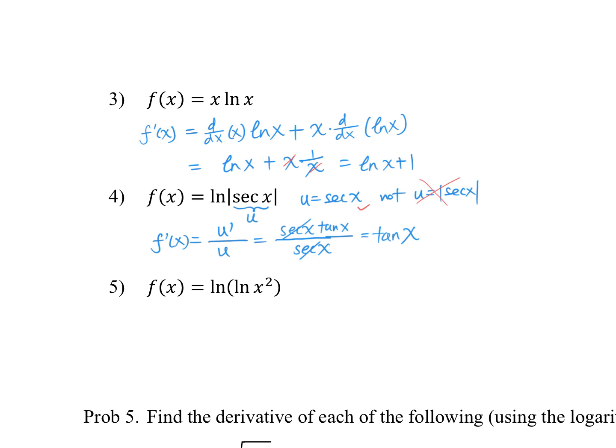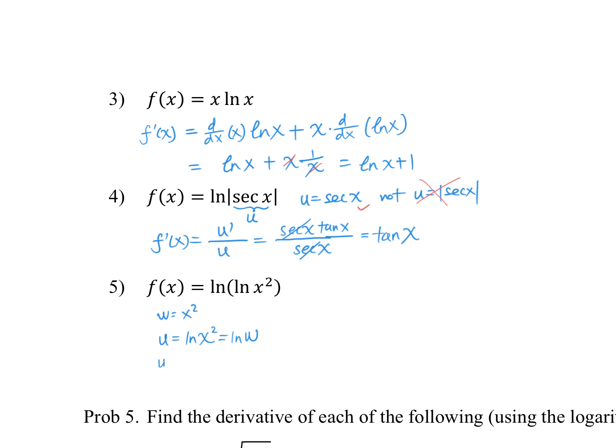All right, the last one, we have nested functions. We see that the most inner one, let's call it w, is actually x squared. This is the most inner function, right? And the middle one, let's call it u. U is just ln x squared, which is the ln of the w.